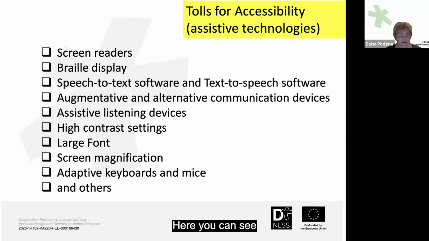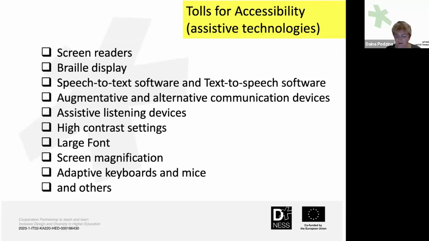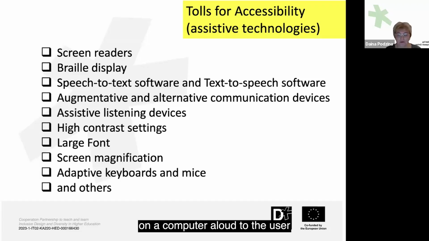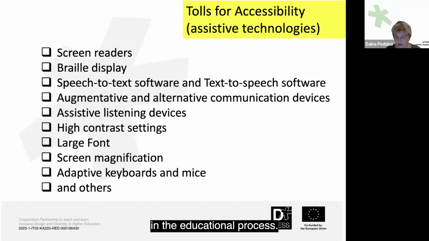Here you can see very short information with the main common types of assistive technologies, and they include screen readers, which are software programs that read text on a computer screen aloud to the user, and in such a way support students with visual impairment to be fully included in the educational process.